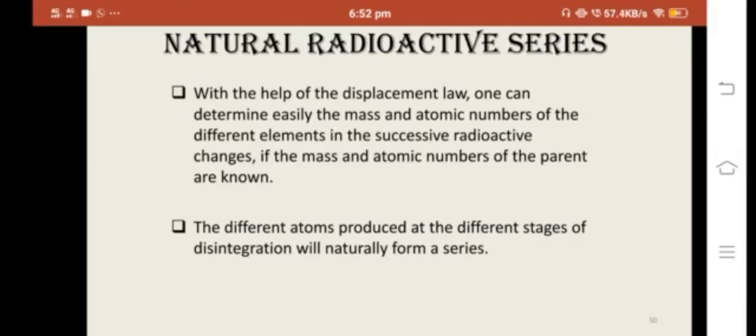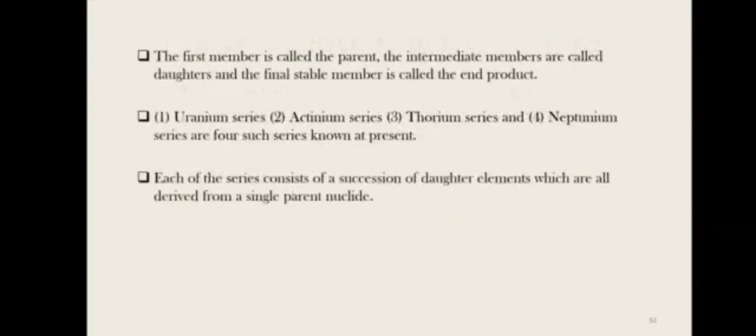Natural radioactive series. With the help of the displacement law, one can easily determine the mass and atomic number of the different elements in the successive radioactive changes if the mass number and atomic number of the parent atom is known. The different atoms produced at different stages of disintegration will naturally form a series.